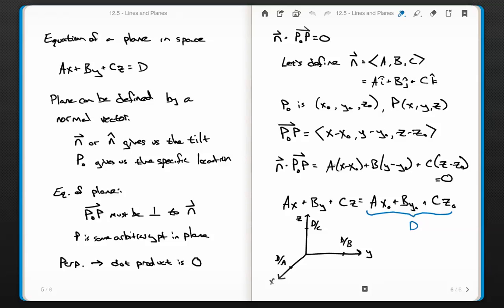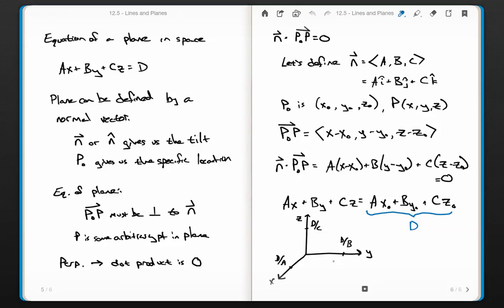Then I took all the ax0, by0, cz0, moved them over to the other side and called that d. All right, so we have 3 intercept type of points in our coordinate system that helps us make a plane.